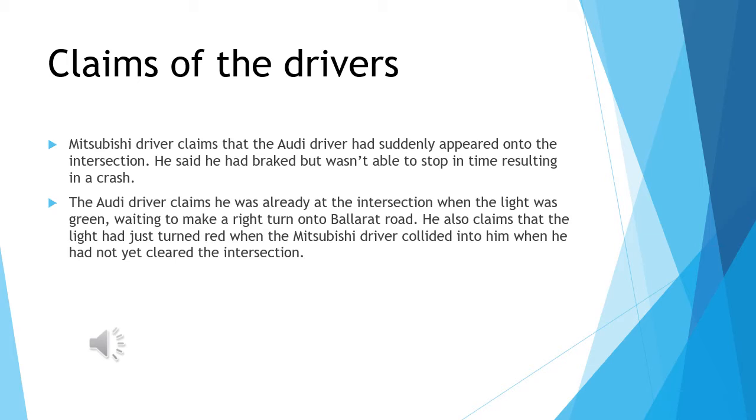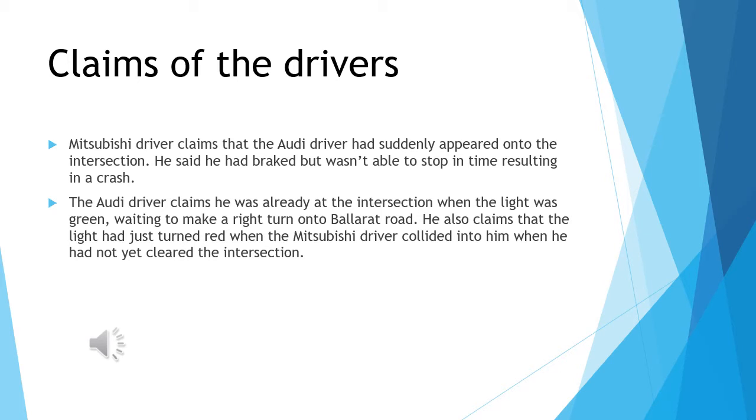The description from the police report stated the two different claims between the drivers of the accident. The Mitsubishi driver claimed that the Audi driver had suddenly appeared onto the intersection while he was driving. He said that he braked, but he wasn't able to stop in time, resulting in the collision.